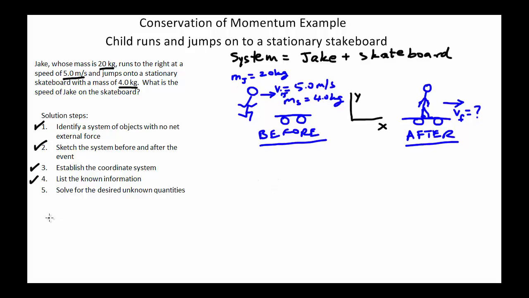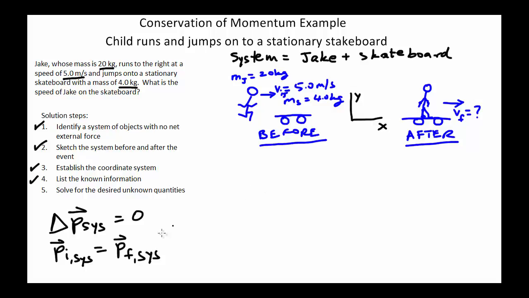The law we're going to use in this case is conservation of momentum, which simply states that the change in momentum of the system equals 0 when there is no external force acting on it. Another way to write that is that the initial momentum of the system equals the final momentum of the system when there is no change in it.